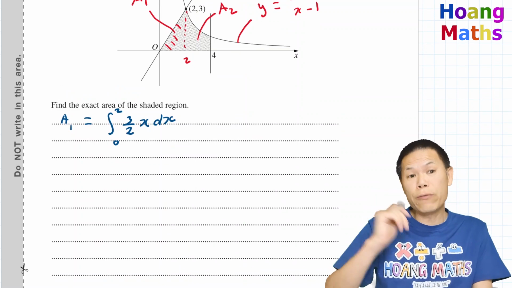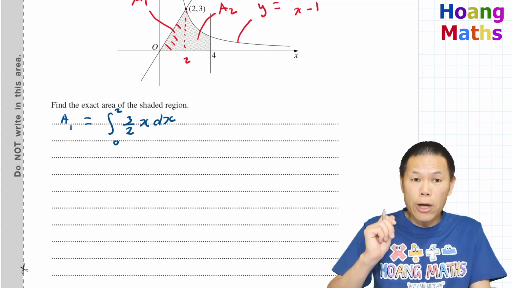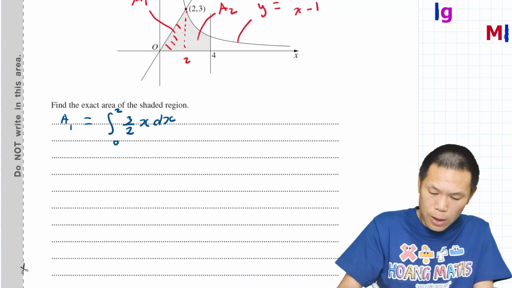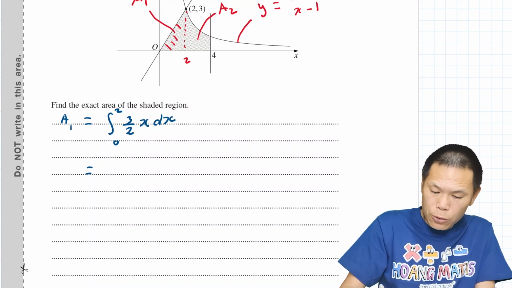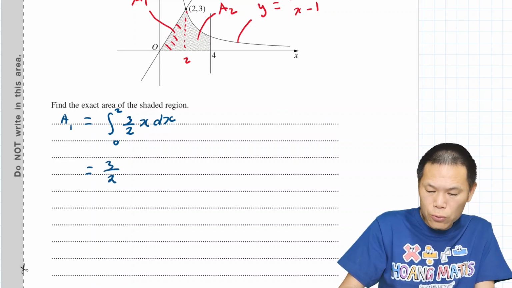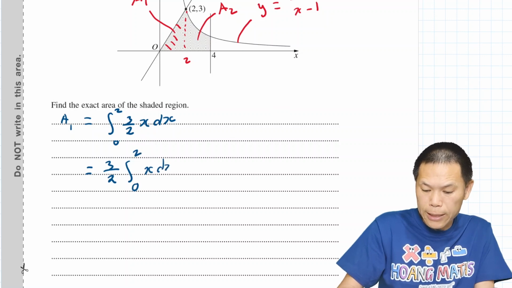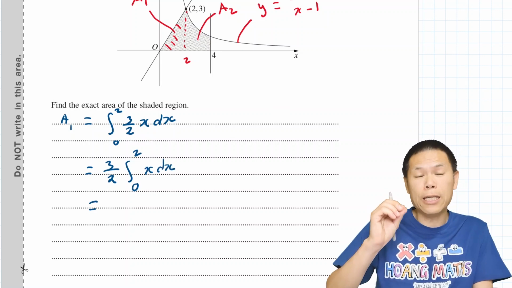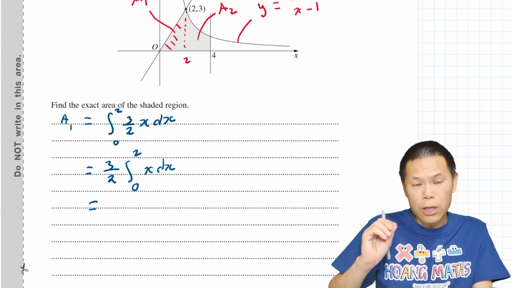So I can take 3 over 2 out to make it easier. You don't have to, but it's easier, that's all. So that is equal to 3 over 2, we integrate from 0 to 2, x dx. Integrating x gives me x squared divided by 2.